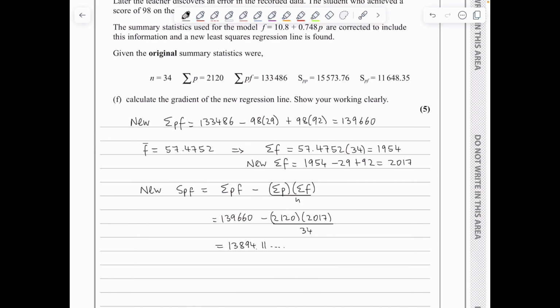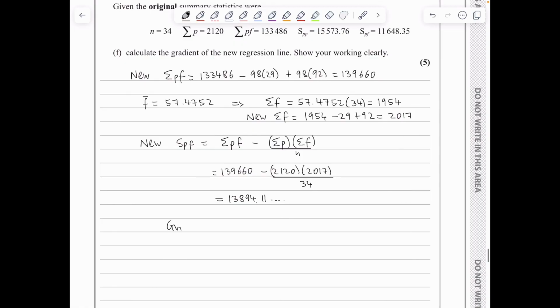We know that the gradient is simply the SPF over the SPP, and we've got both of these values. It's 13,894.11 over 15,573.76. This gives an answer of 0.892. However, the examiner here is accepting anything which rounds to 0.9.